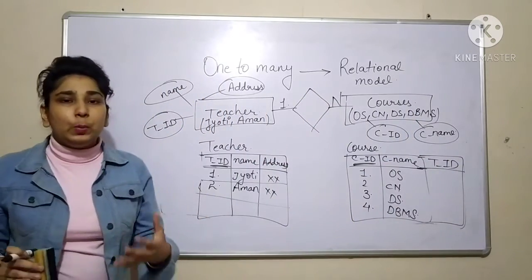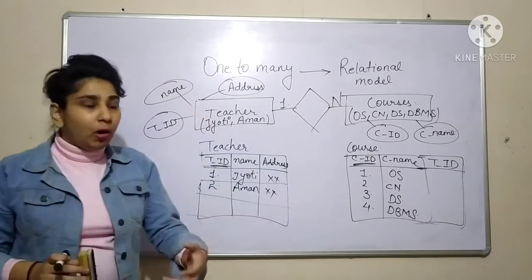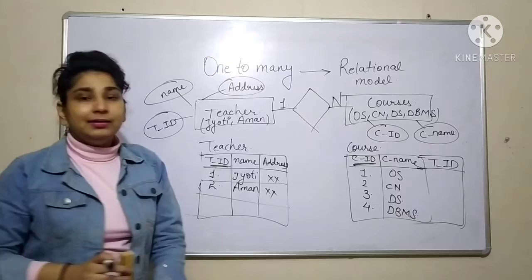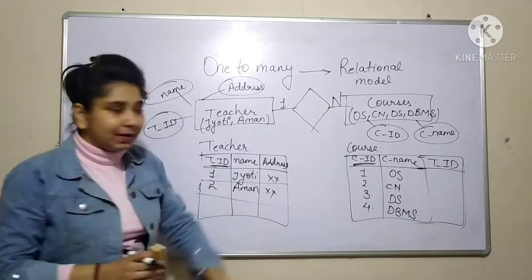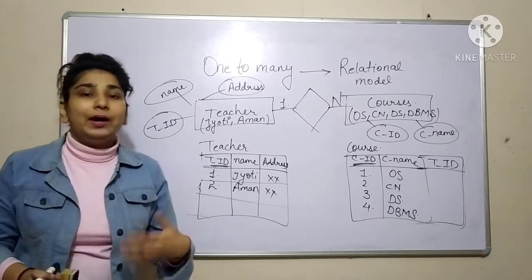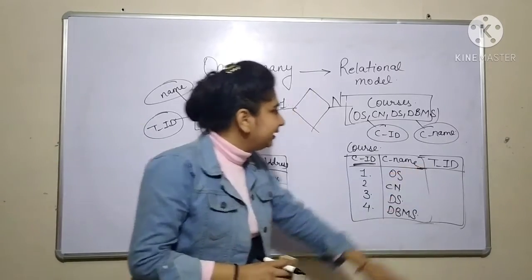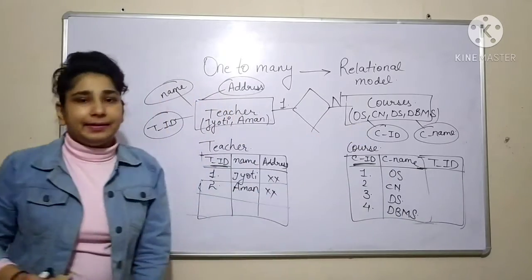What is the simple way to remember it? You will be using the common attribute on the n side. The courses have the n side. So what you will be doing? We will be using the common attribute on this course side.